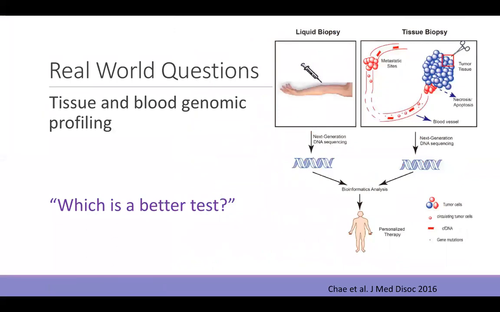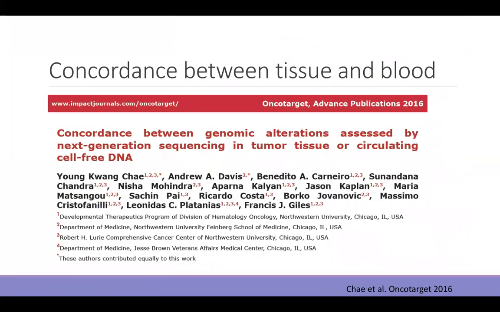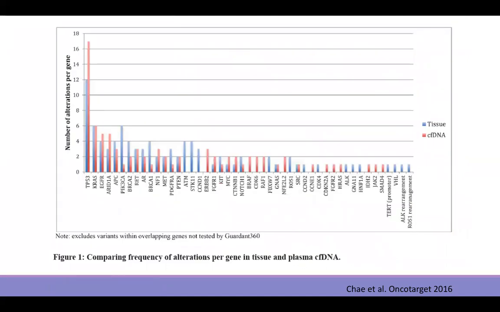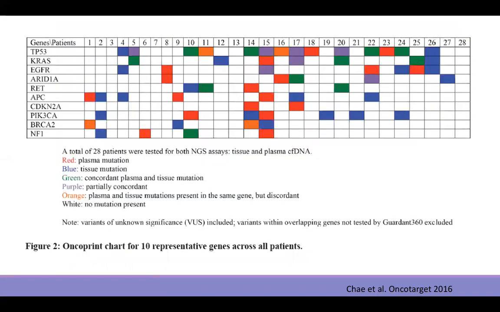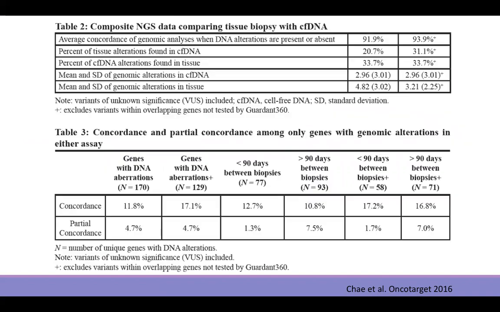So the real world question is, is liquid biopsy better than tissue biopsy? So I think the question is wrong. The difference in biology will always be there. It's not that one is better or the other. So I looked at the concordance between the two using NGS, and this is number of alterations using different tissue or blood biopsy. And these are number of patients showing different mutations.